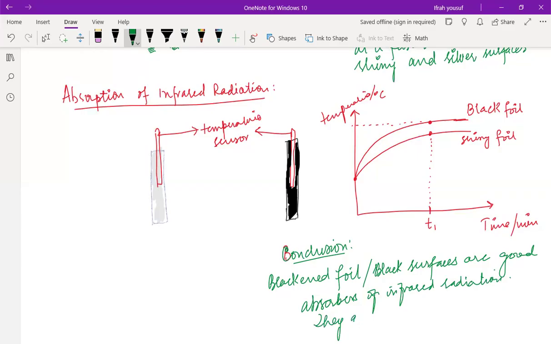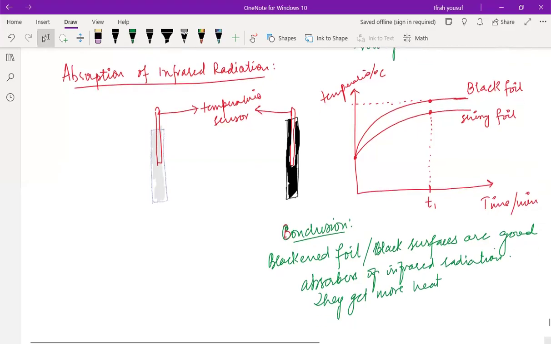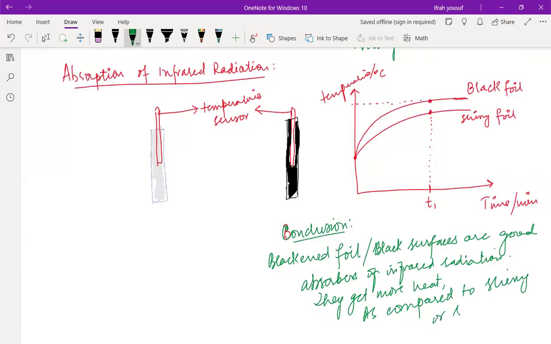They get more heat. Clear? Yes, sir. ठीक है. So as compared to which one, beta? Black foil. Yeah, as compared to very shiny or silver surfaces. Right. I hope this is now clear to you.